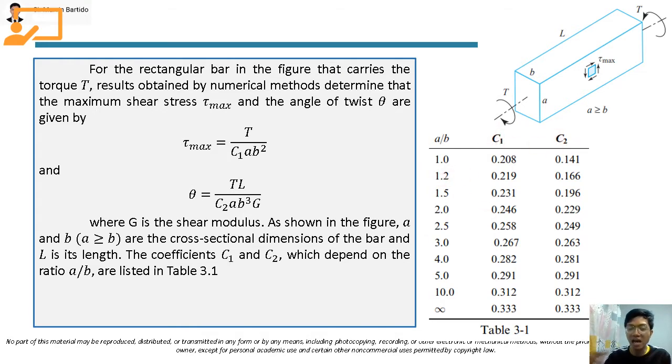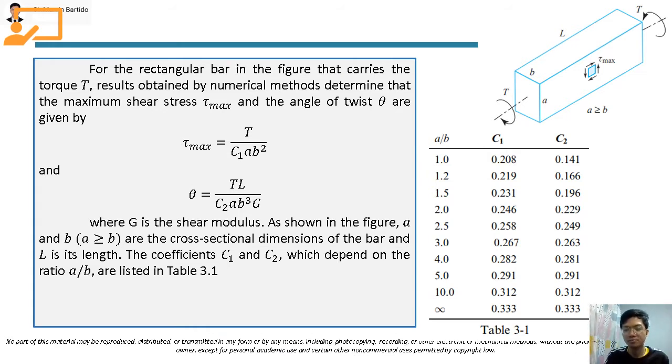In cases wherein the value of the ratio A over B is not exactly located at these points, what we're going to do, class, is apply linear interpolation to solve for its corresponding coefficients C1 and C2.